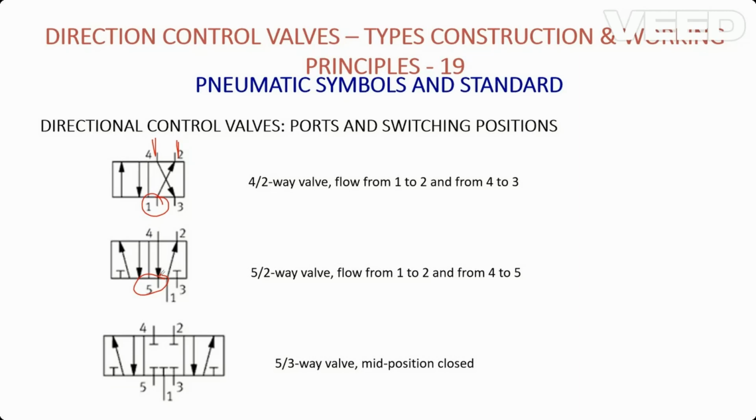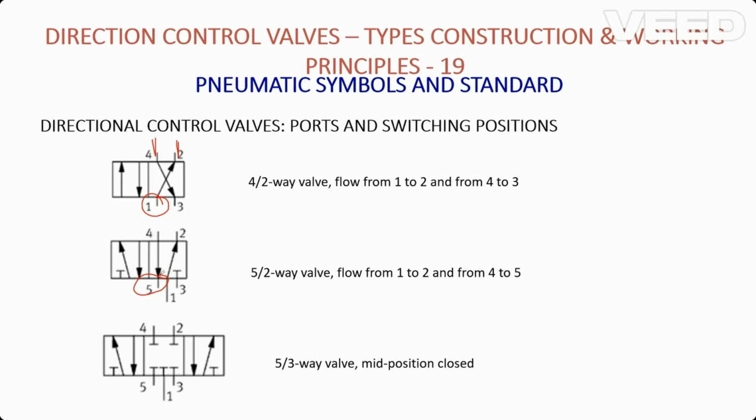So sometimes it used to get airlocked. To avoid such airlocking, the 5 by 2 was designed. So nowadays 4 by 2s are not much used in pneumatics, but in hydraulics we will be using 4 by 2s only.